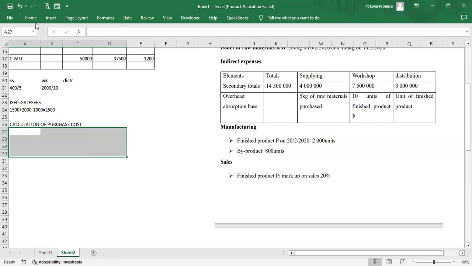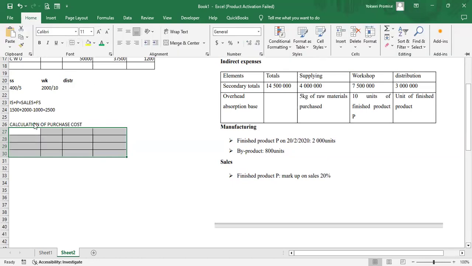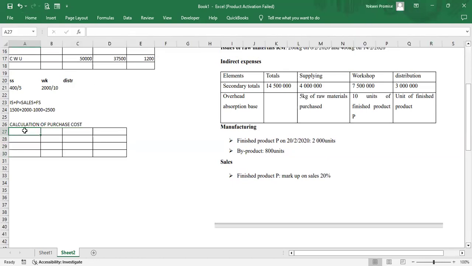Let me put borders on this one. Element, quantity, unit price, and then amount.